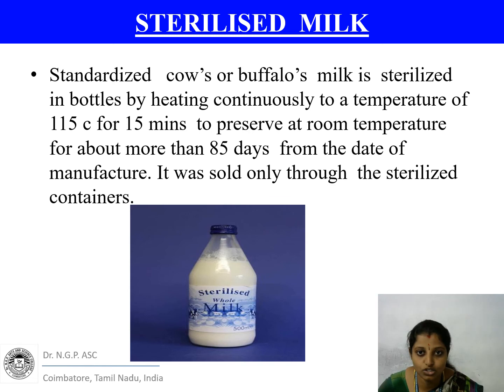The next is sterilized milk. Standardized cow's or buffalo's milk is sterilized in bottles by heating continuously to a temperature of 115 degrees Celsius for 15 minutes, to preserve it at room temperature for more than 85 days from the date of manufacture. It is sold only in sterilized containers.